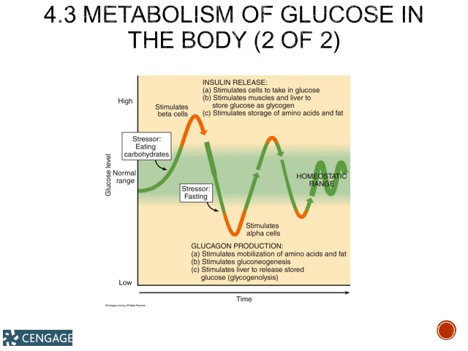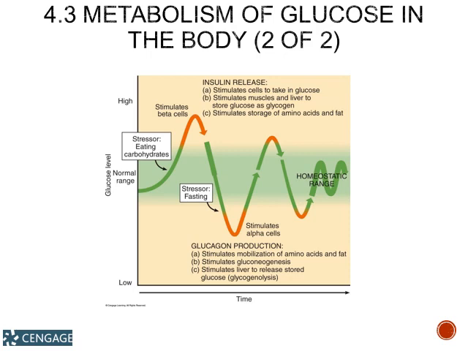So it tells your body to release amino acids and fat, stimulates gluconeogenesis, which is the production of glucose, and also stimulates the liver to release stored glucose, which is called glycogenolysis.